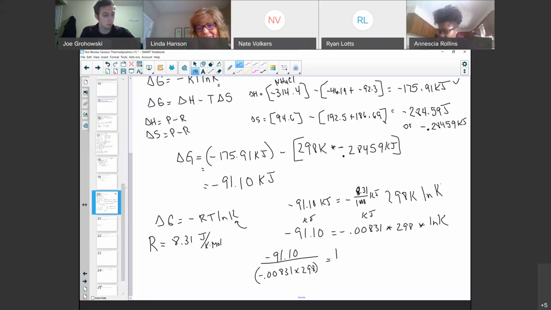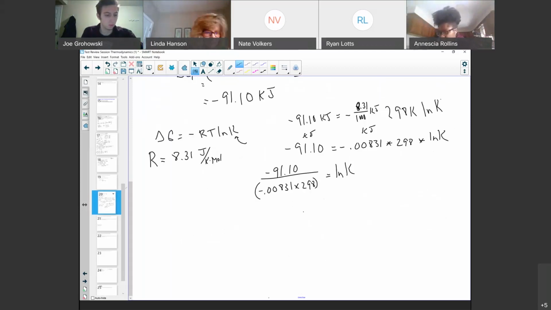I'm just trying to isolate the natural log of K. And then let me pause and see if anyone else, I'm going to round a little bit, put a 9 there.